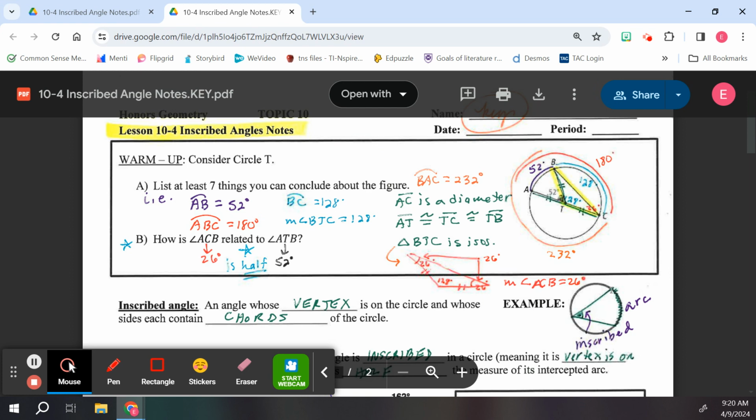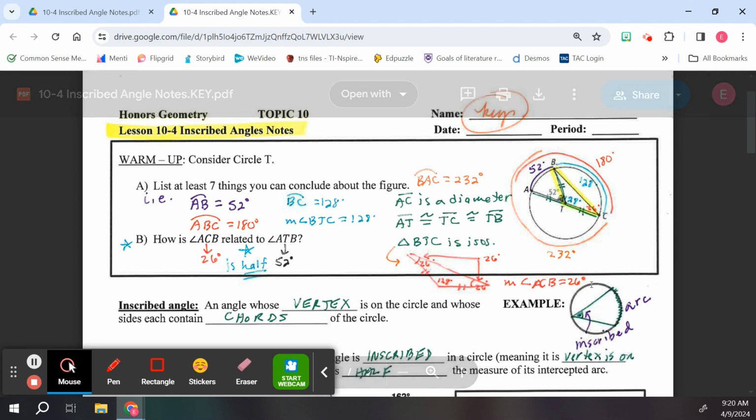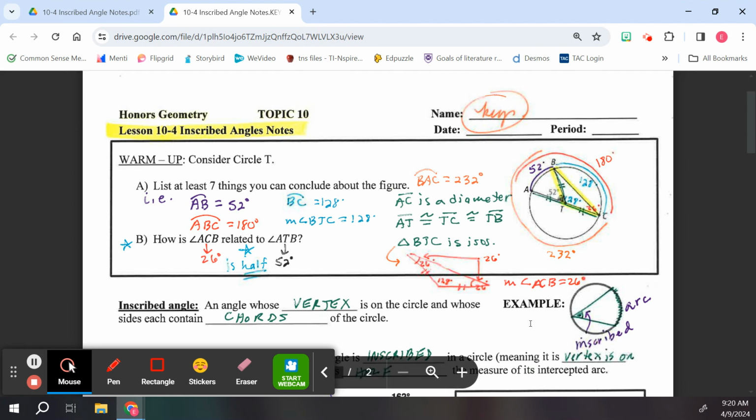Okay. And I'm not going to say it's going to be directly opposite the arc because technically the chords can go over here, over here, over here. But just know that these chords hit somewhere on the circle that is not the intercepted arc.